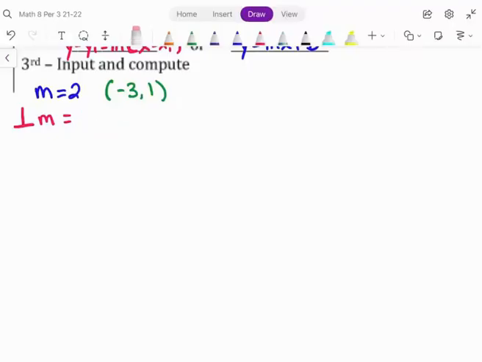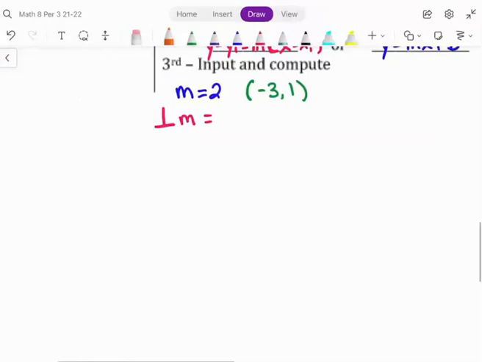I'm going to write it over here. So I have m equals 2, and it's 2 over 1. Right now, it's positive, so I need to change it to negative, and then I just flip it over, 1 over 2. So my perpendicular slope is going to be negative 1 over 2. Flip the sign, flip the fraction.